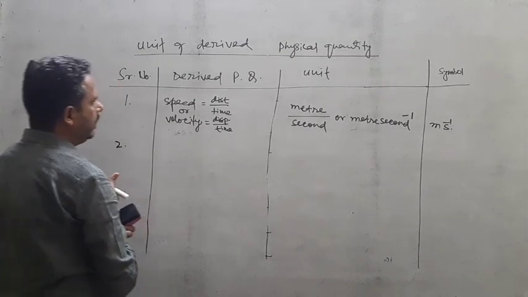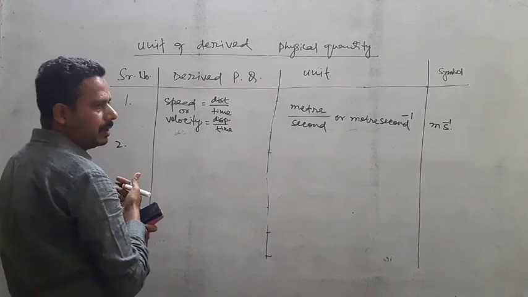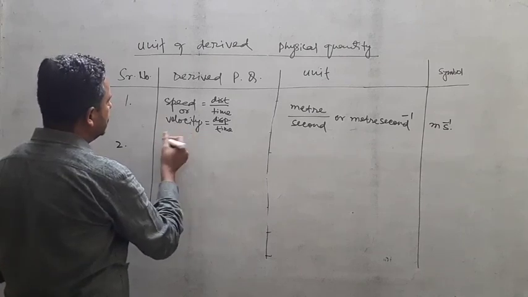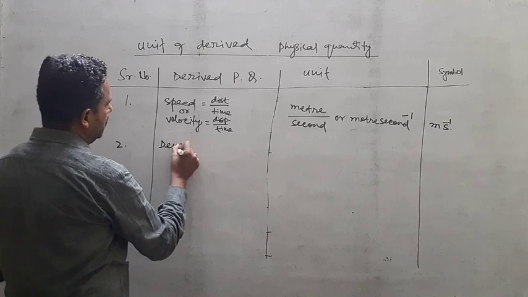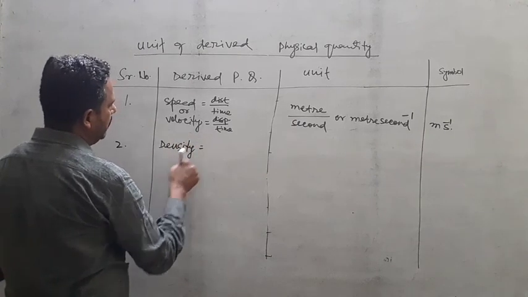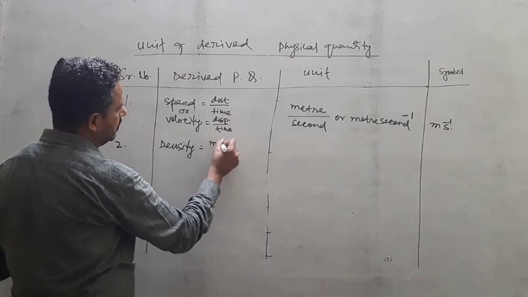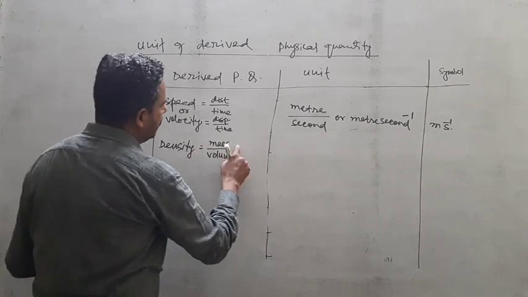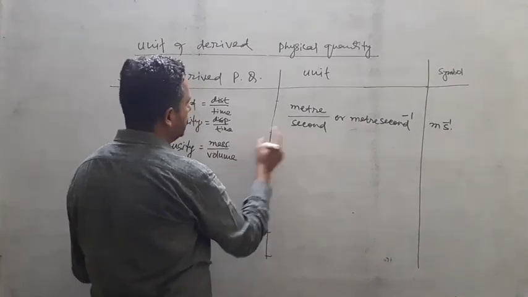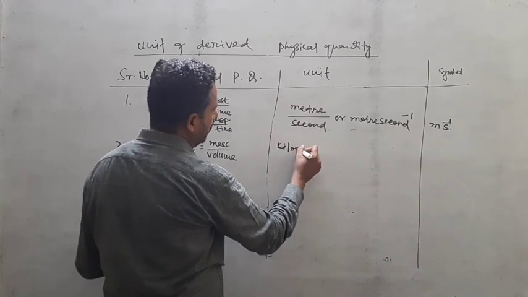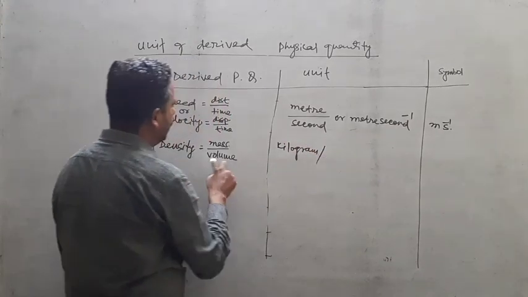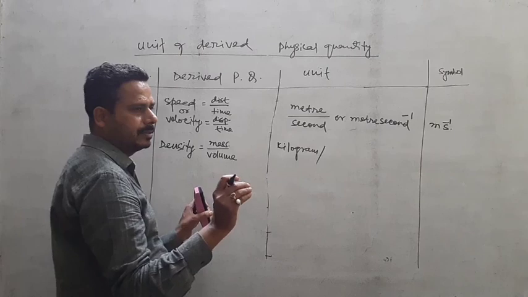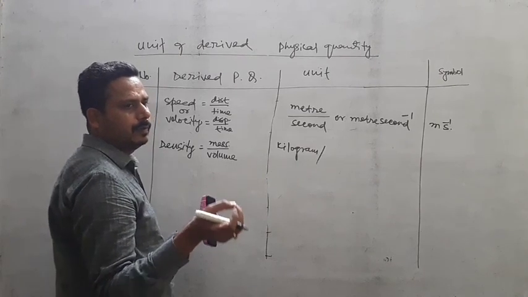Instead of speed or velocity, suppose there is linear momentum or density. So first take density. You know that density is mass by volume. The unit of mass is kilogram, divided by volume. Volume contains length, breadth, and height or depth.